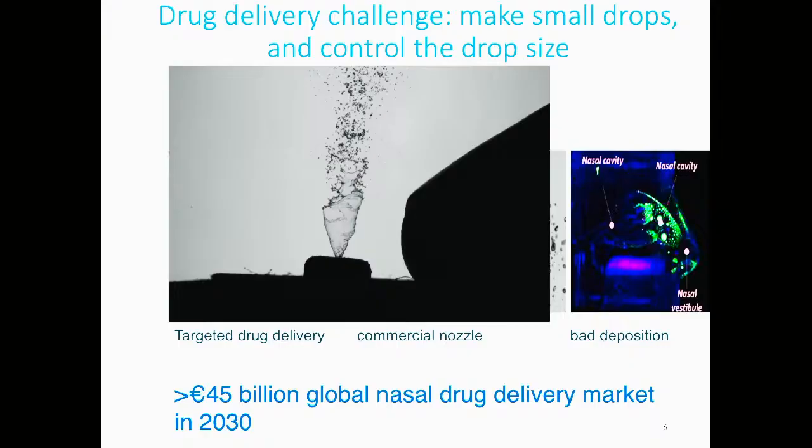Because this was part of a proposal for the EU, there's the stunning figure that all of us together spend $45 billion every year on nasal sprays, which is really bizarre.